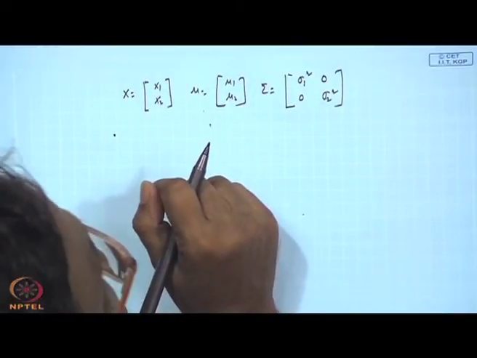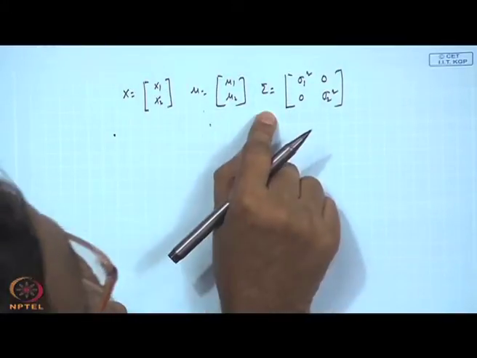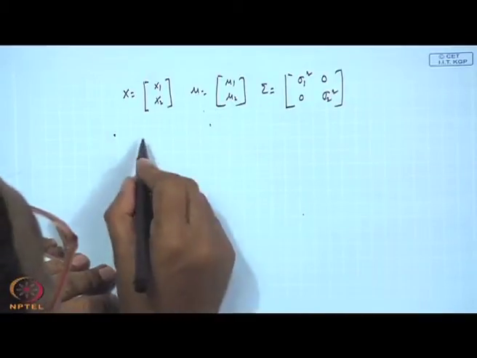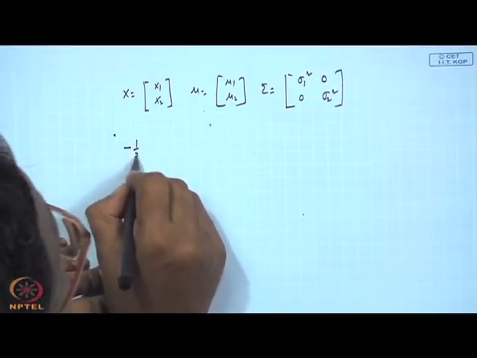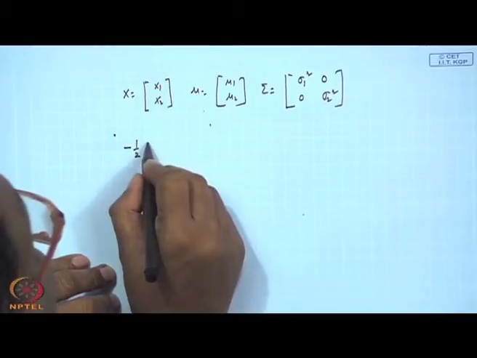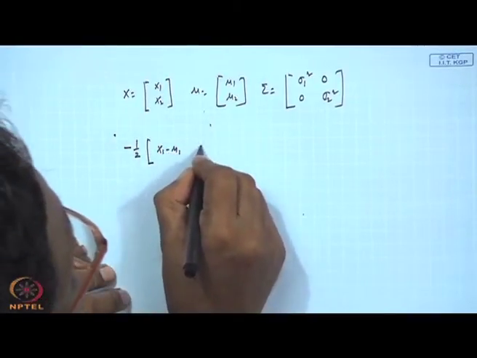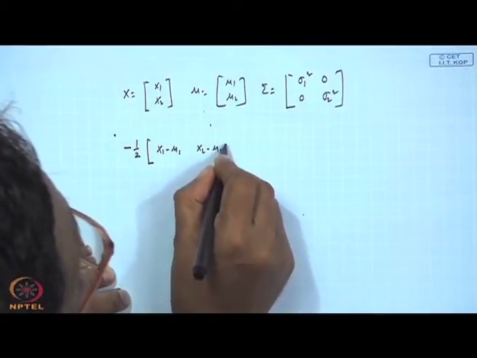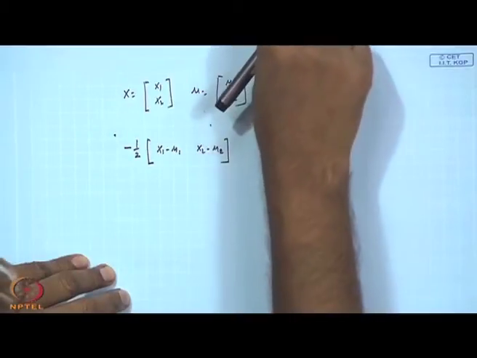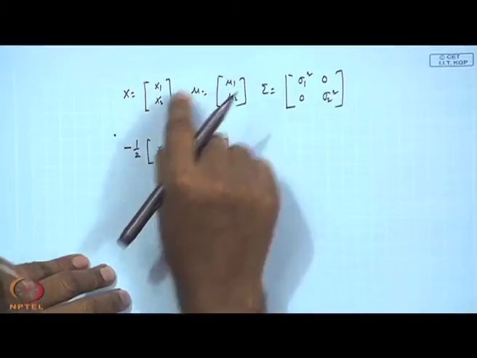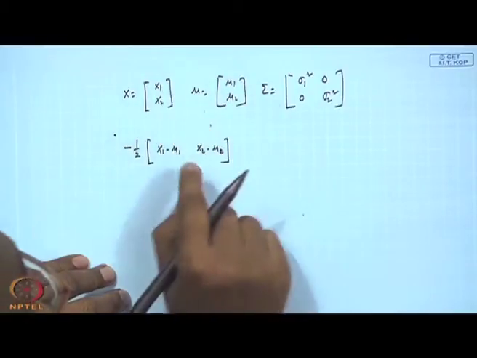Under this condition we know what the multivariate normal density function will be. So then you write minus half, x minus mu transpose, that means x1 minus mu 1, x2 minus mu 2, because x minus mu is a 2 cross 1, so the transpose will be 1 cross 2.